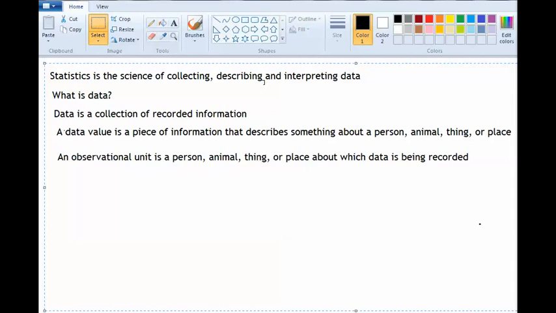If I put a dog on a scale, and I find out that the dog weighs 75 pounds, then 75 pounds is a data value, and the dog is an observational unit. If I measure the height of a tree, and the height of the tree turns out to be 72 inches, then 72 inches is a data value, and the tree is an observational unit.